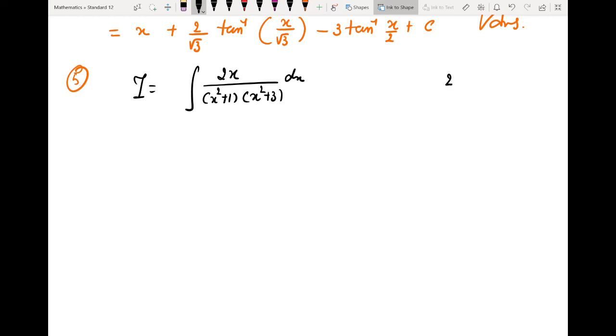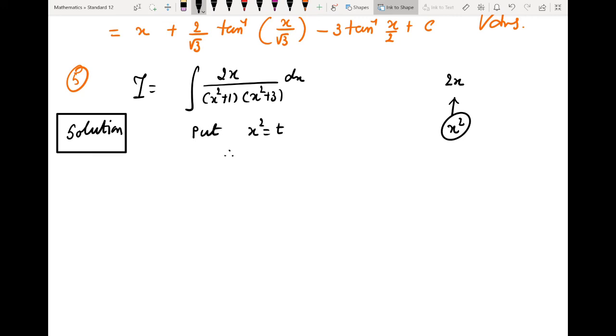So in the numerator we have 2x, which is the derivative of x square. So here, to integrate this, we will use substitution. Solution: put x square equal to t.